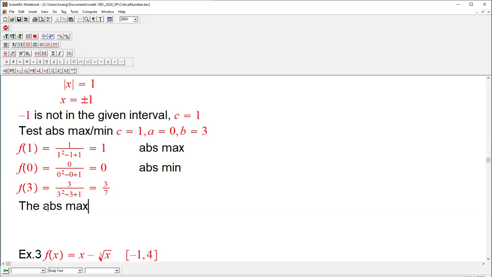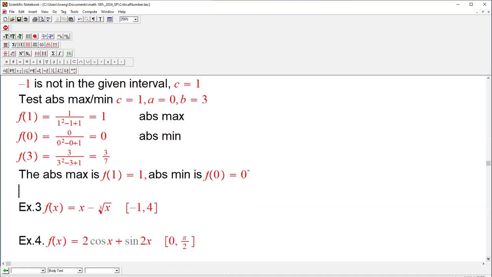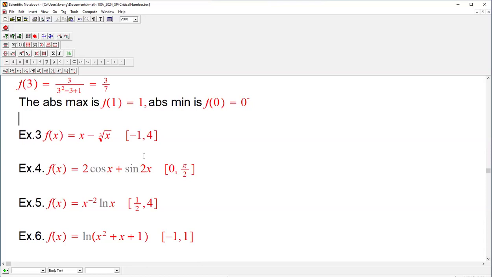The absolute max is f of 1 equals 1. The absolute min is f of 0 equals 0. Okay, so let's look at the next one, example number 3.